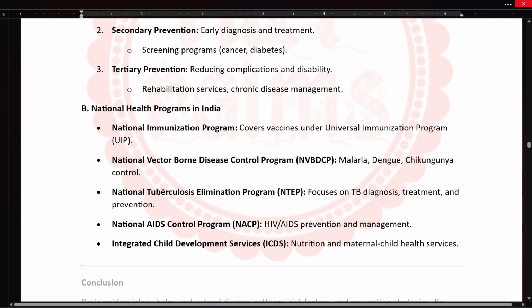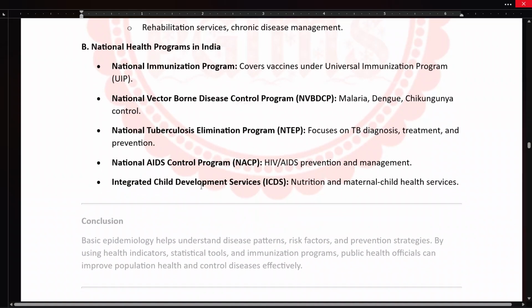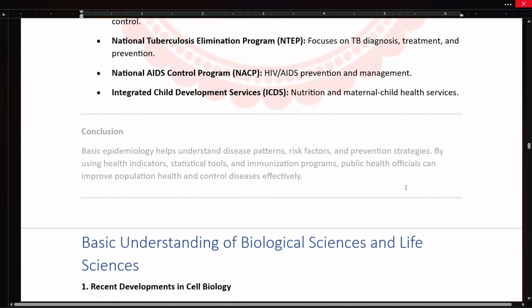Then we have the National Tuberculosis Elimination Program, NTEP, that focuses on TB diagnosis, treatment, and prevention. Then we have the National AIDS Control Program, NACP, for AIDS prevention and management. Then we have Integrated Child Development Services, ICDS, for nutritional and maternal child health services.